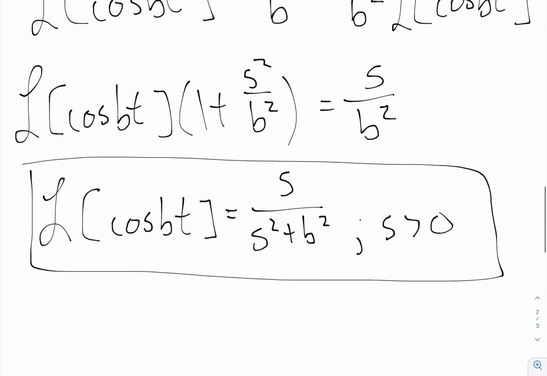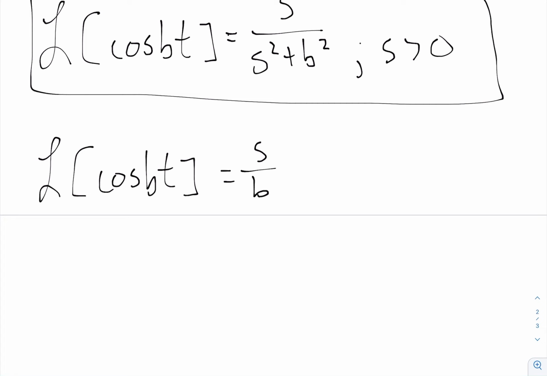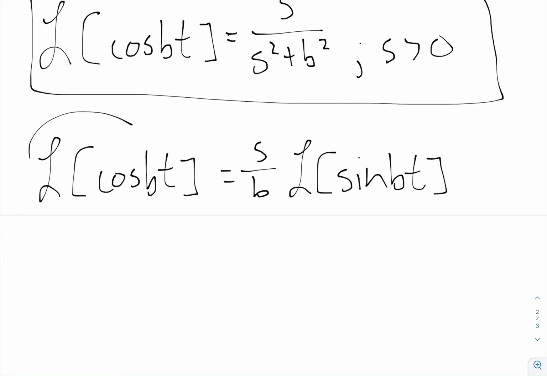Now the next one I'm going to do is, well, remember we found the Laplace transform of cosine bt was equal to s over b times the Laplace transform of sine bt. Now that we know what the Laplace transform of cosine bt is, we can plug that in there.